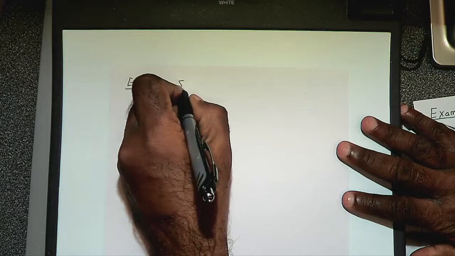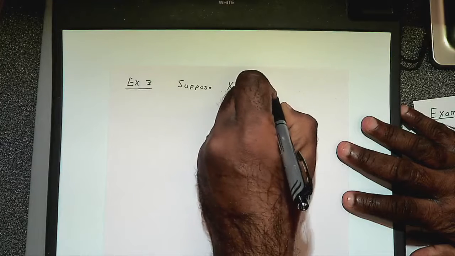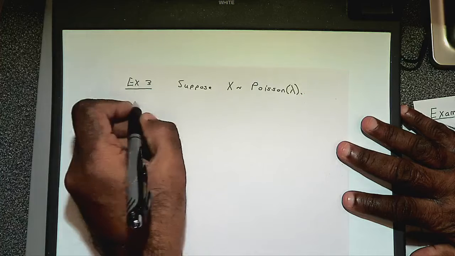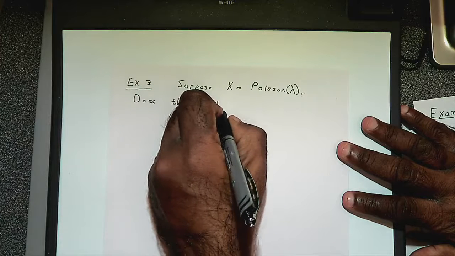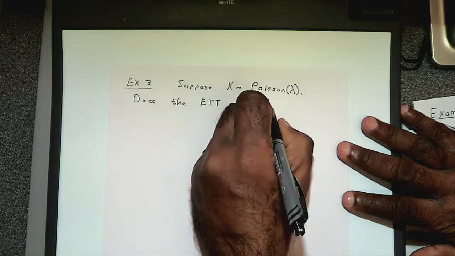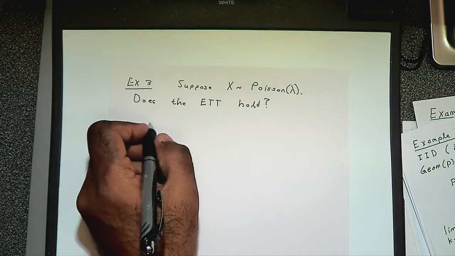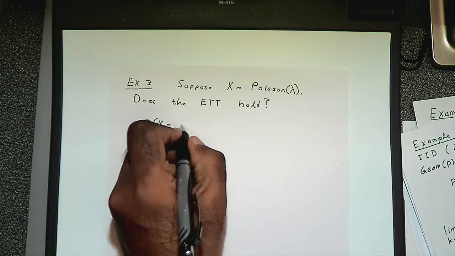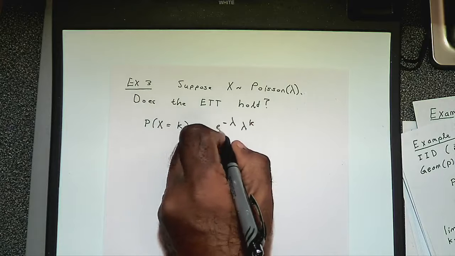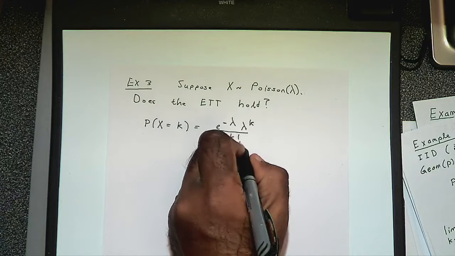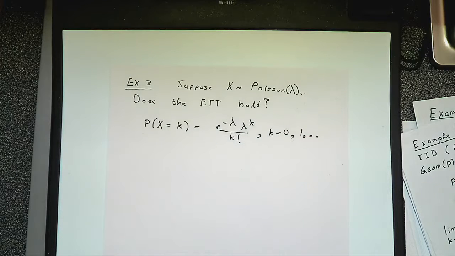Example 3. Suppose, right now, I'm sure all of you know the Poisson random variable, and you will know that the probability that X equal to k is this.